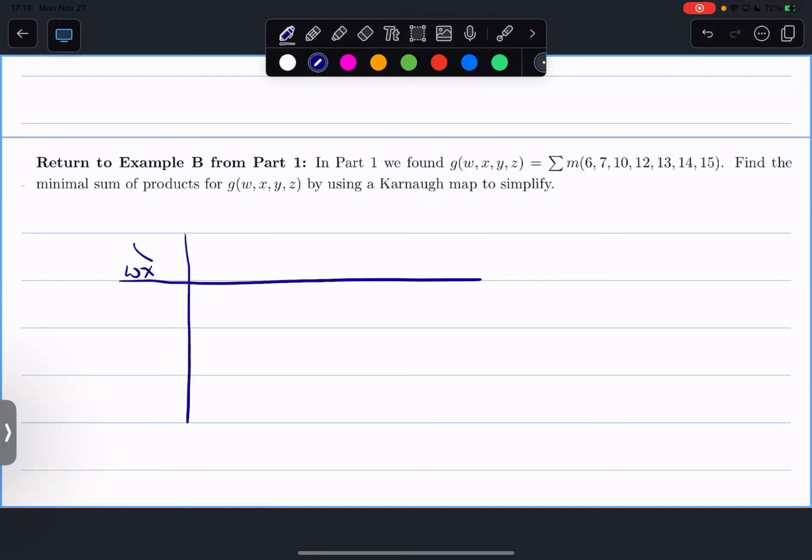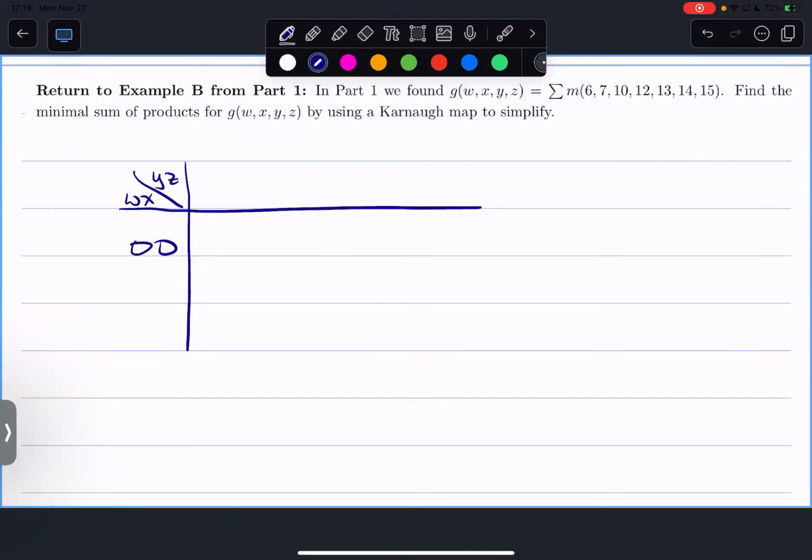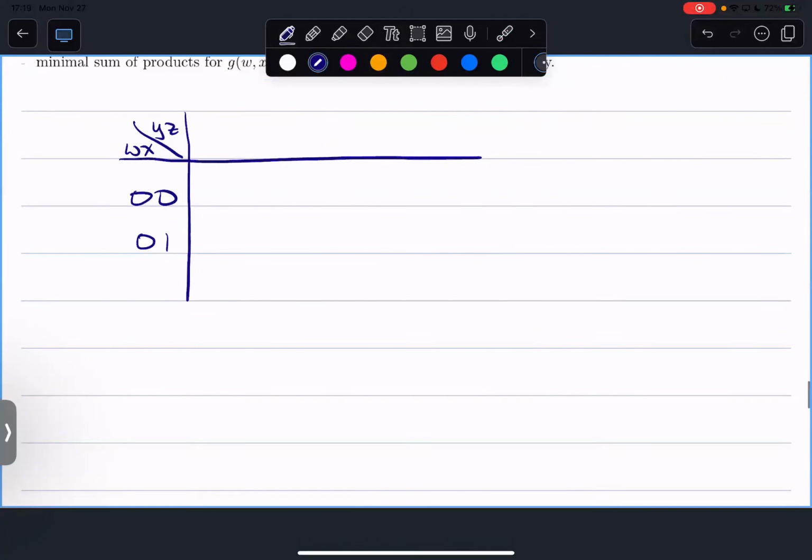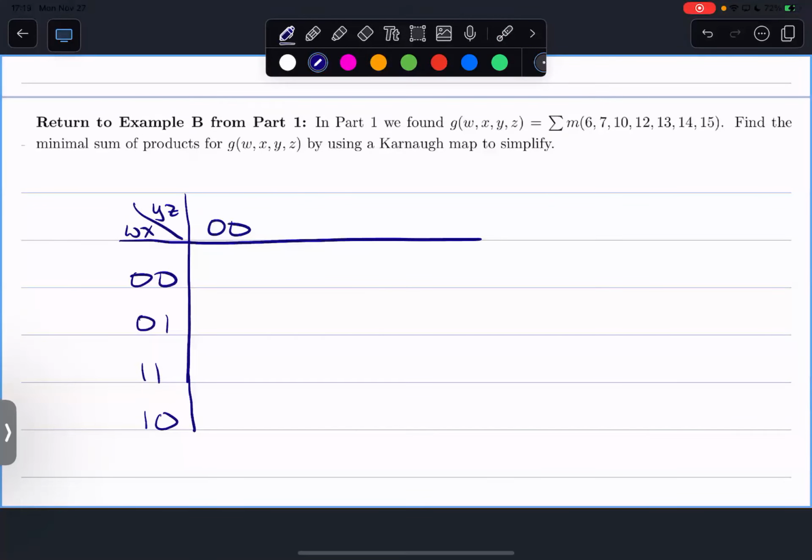W, X, Y, Z, 0, 0, 0, 1, 1, 1, 1, 0, and 0, 0, 0, 1, 1, 1, 1, 0. As long as you remember the dance, then you're okay, right? 0, 1, 2, 3.